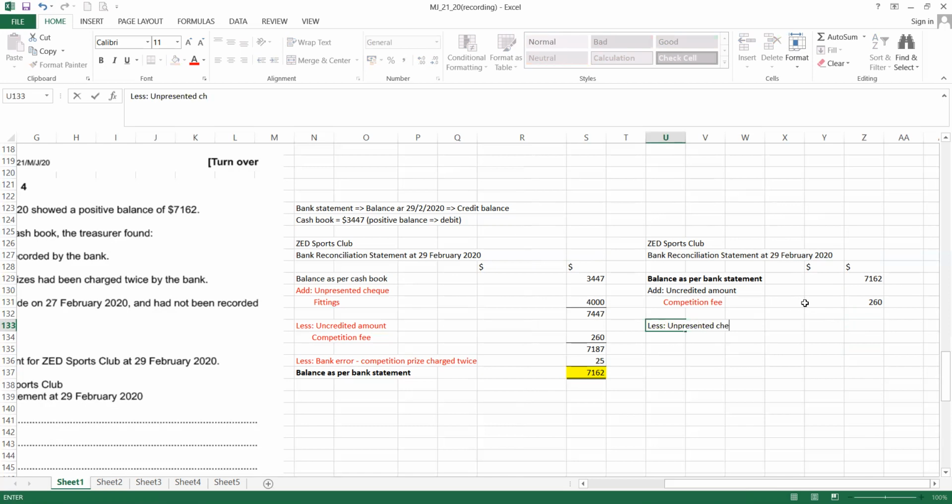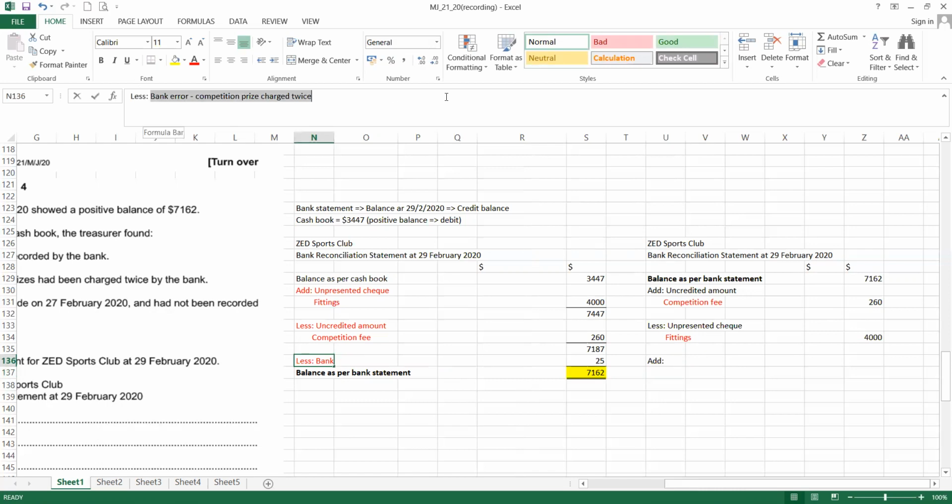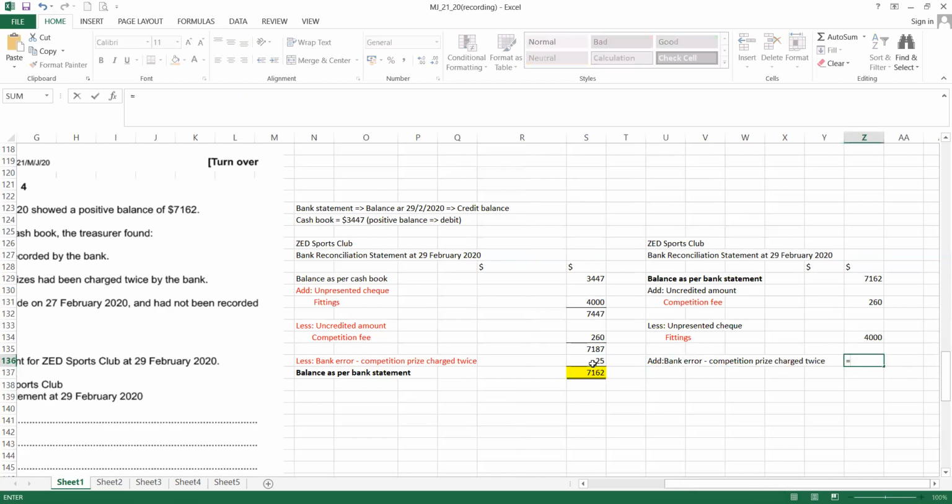Unpresented check, we have 15, which is this amount is 4,000. Okay, and then this one, because this question is a less, so mathematical concept should be add. So you can put in here, add bank error, which is 25.